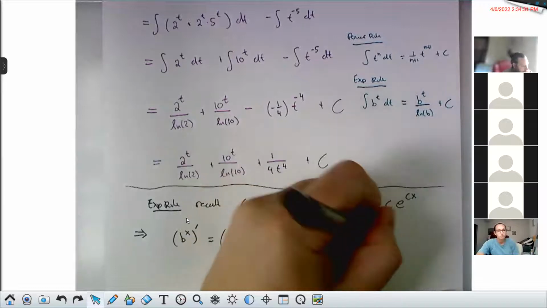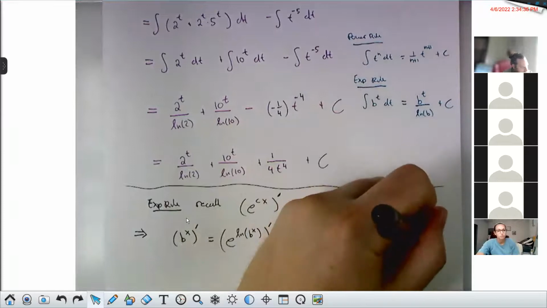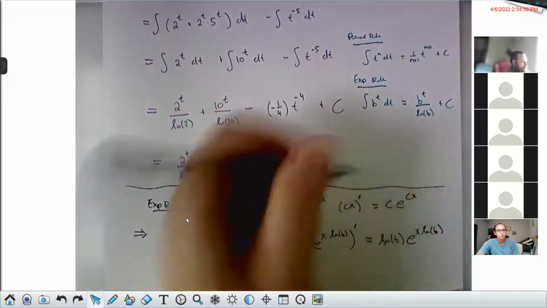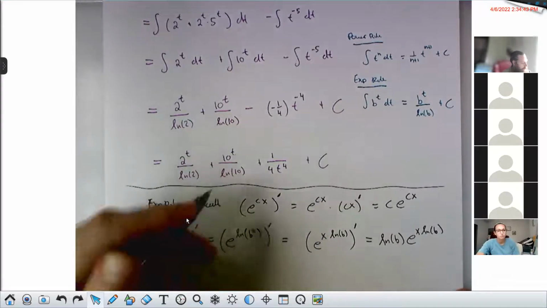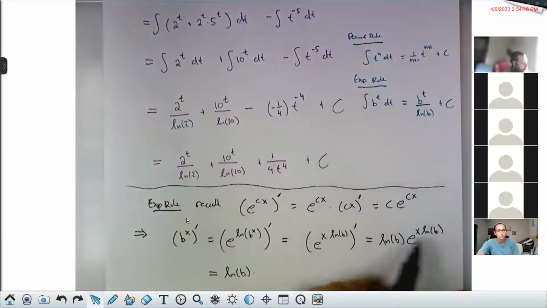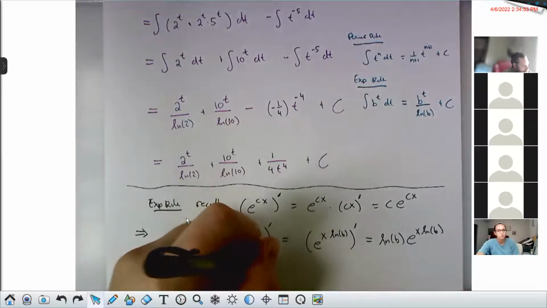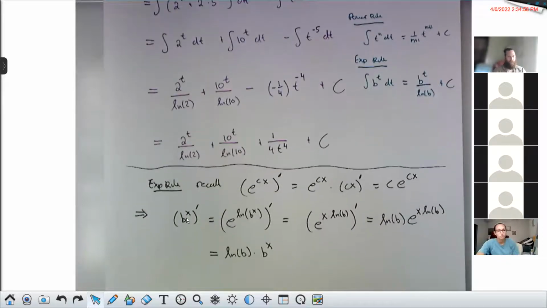So this gives me natural log of b times e raised to the x natural log of b. The natural log of b is going to chill out front. And then e to the x ln b is the same as b to the x. So what this means is that the derivative of b to the x is b to the x times the natural log of b. This is a result that we cooked up in the past.